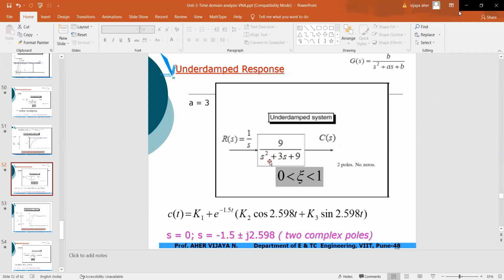So find out the roots. Then by partial fractions, you have to find constants k1, k2, k3. Then by taking the inverse Laplace of that equation, you will finally get C of t is equal to k1 plus e raised to the power minus 1.5 t into bracket k2 cos of 2.598 t plus k3 sine of 2.598 t, bracket complete.